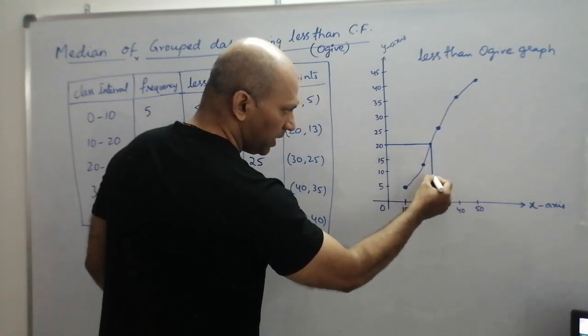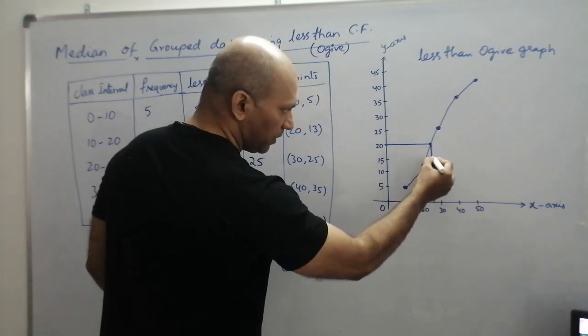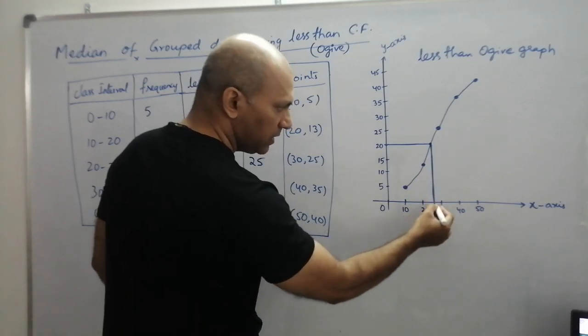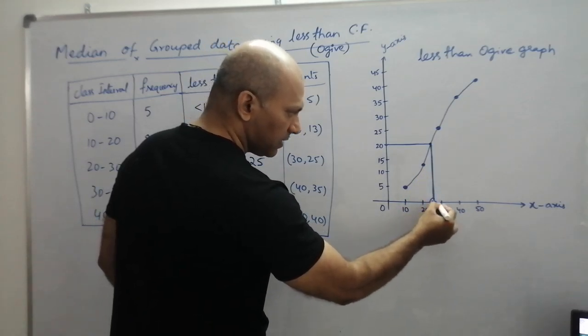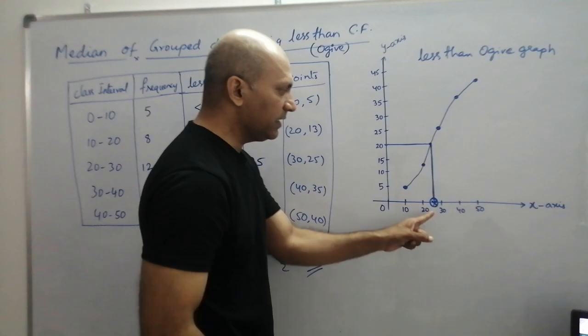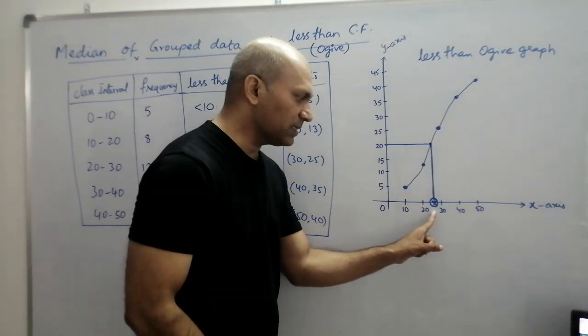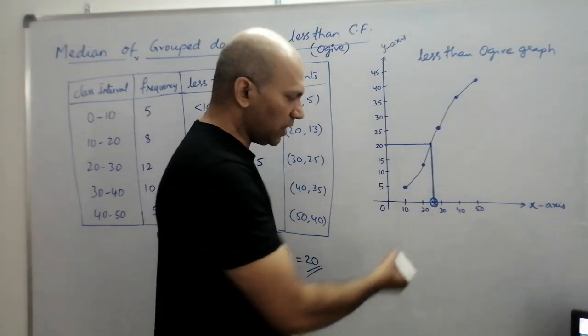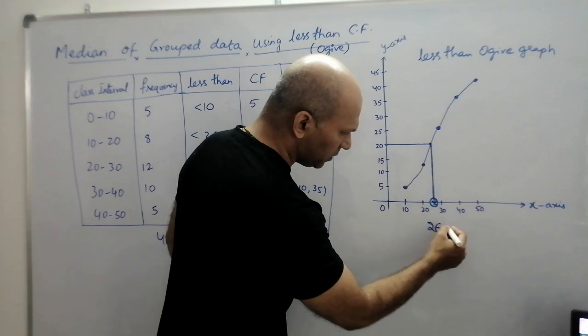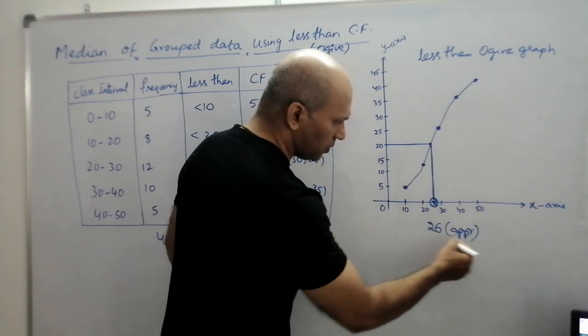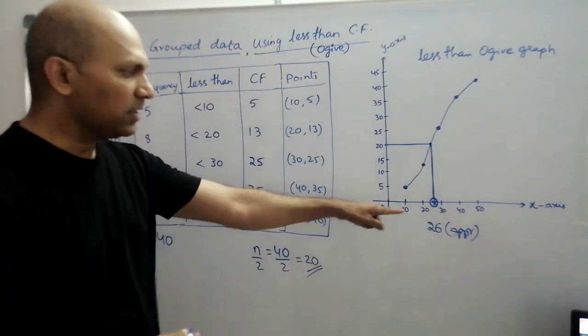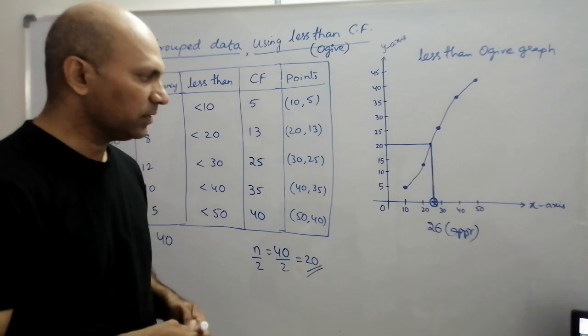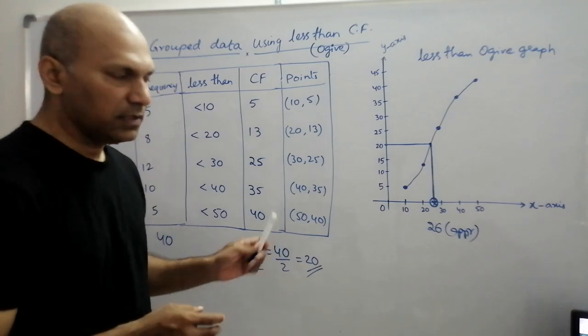From there you drop a perpendicular, and wherever this line is touching the x-axis, that is our median. Approximately, it's touching at 26 something, right? So 26 is our median. I wrote approximately there. I hope this is clear.